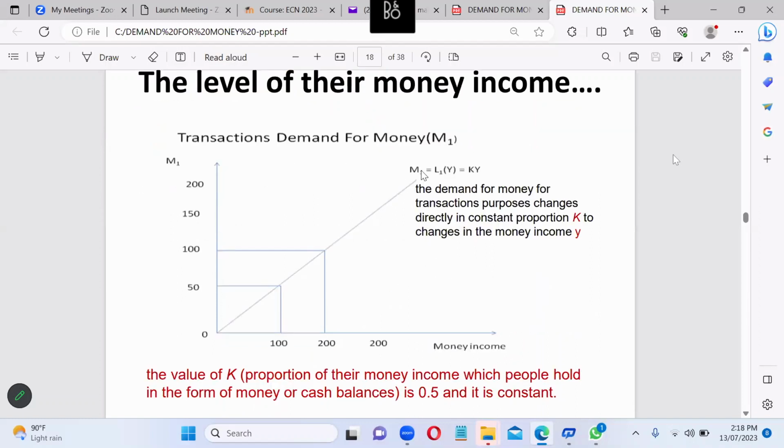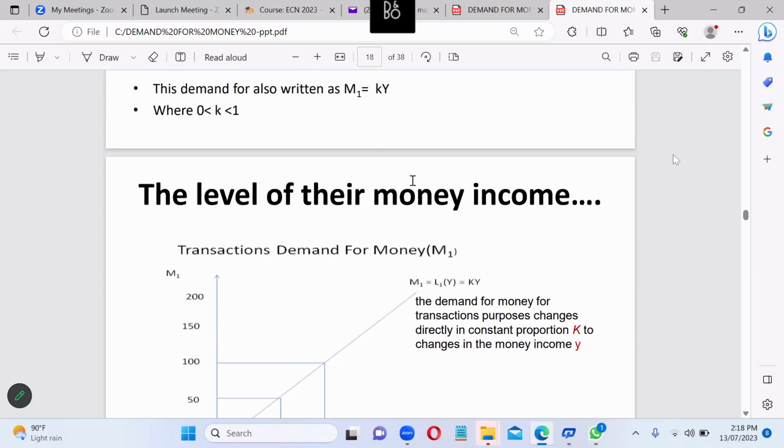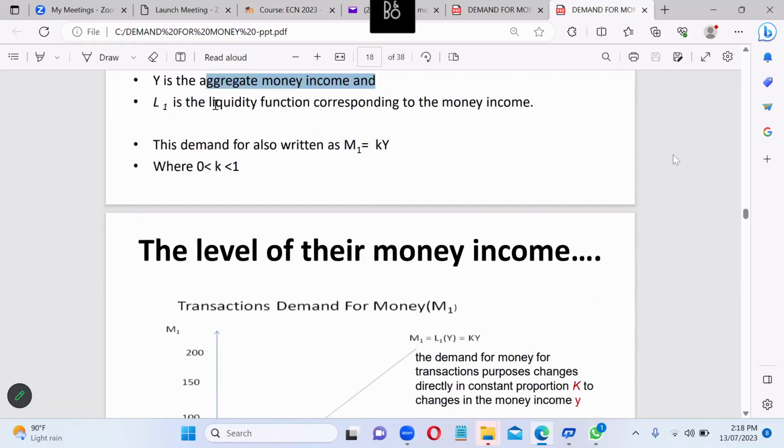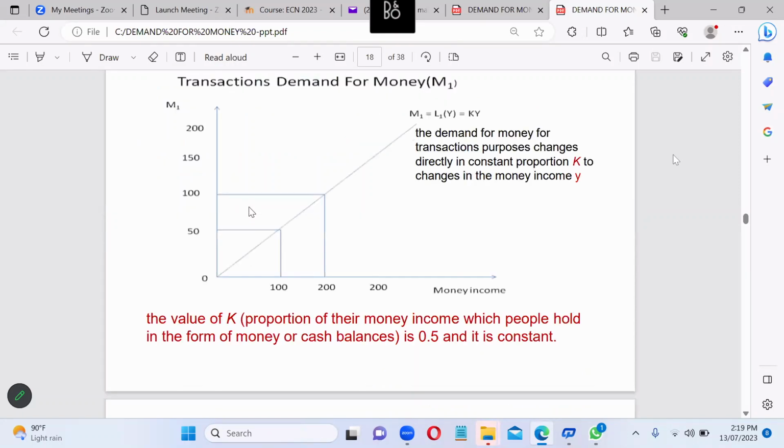Once we relate M1 and money income Y, L1 is the holding. L1 means liquidity: how much money we hold in liquid, currency form to transact purchases or sales. So there is a positive relationship.